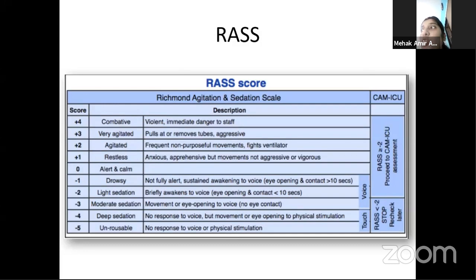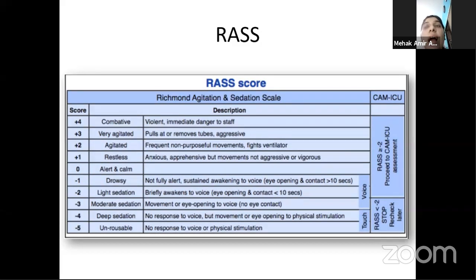From -1 to -3, you can stimulate the patient's auditory sensation. You call the name of the patient, and if the patient awakens with your voice, then you mark from -1 to -3. If the patient briefly awakens, but the eye opening is less than 10 seconds, you mark -2, which is light sedation.